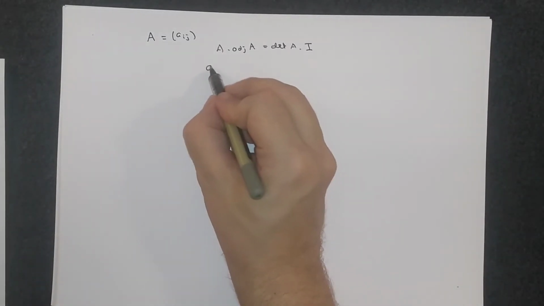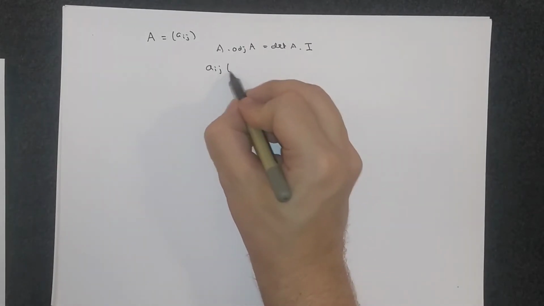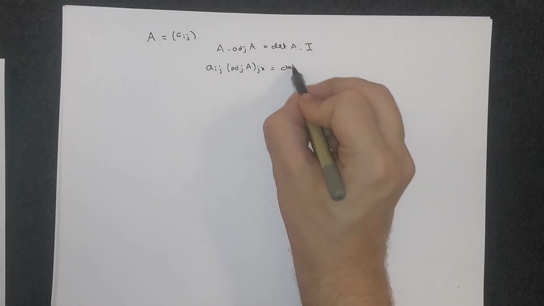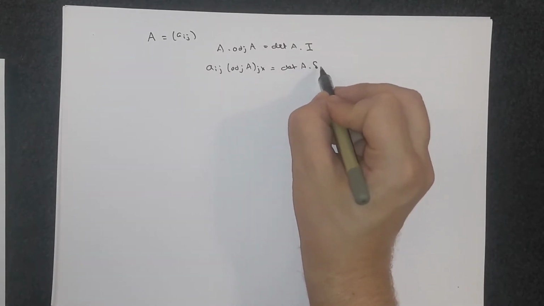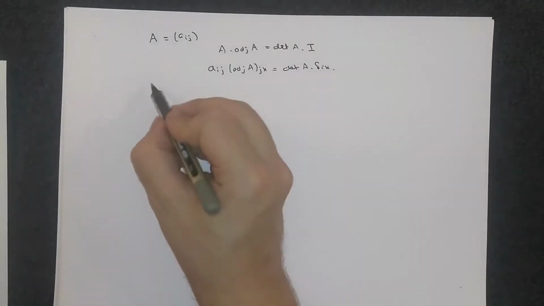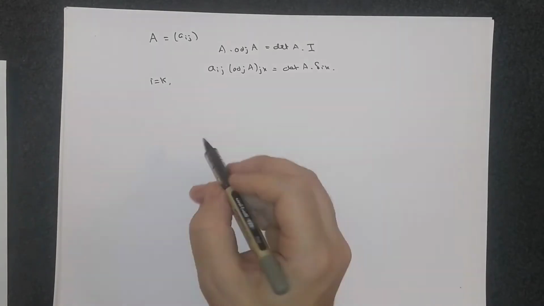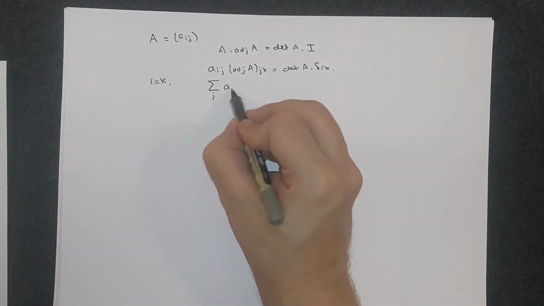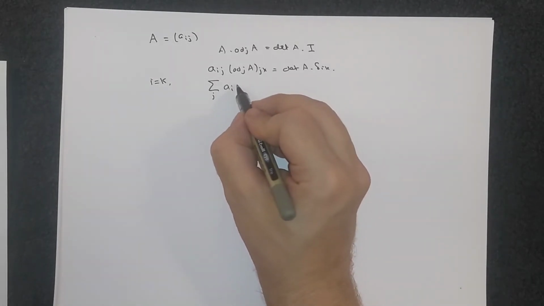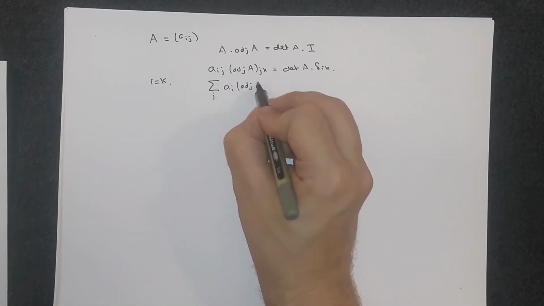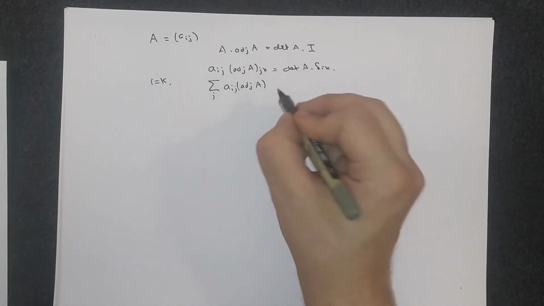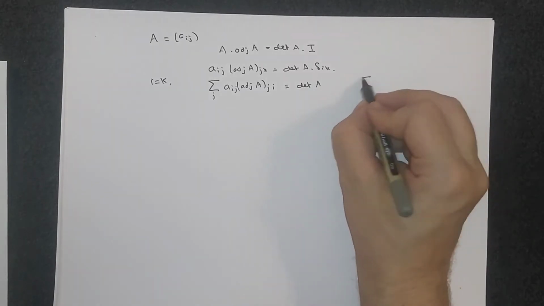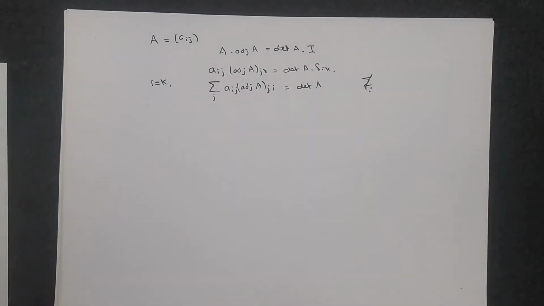So components A_ij adj(A)_jk is det A times delta_ik. Let's evaluate it when i equals k. So we get the sum over j of A_ij adj(A)_ji is det A. There's no sum over i implied in this equation.